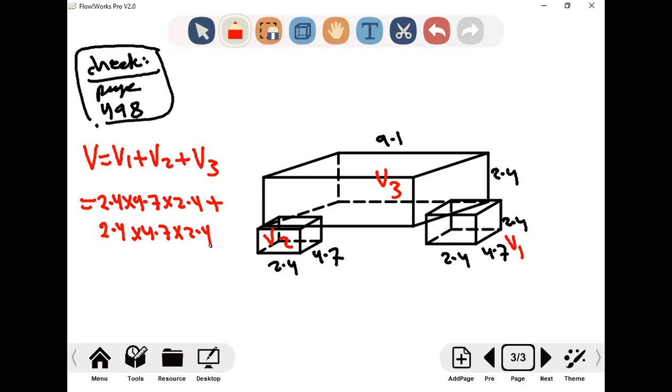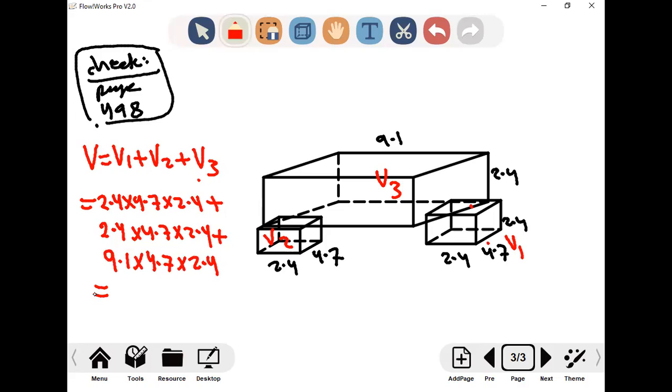It's okay. Plus volume 3, length 9.1 multiply the width, we said it is the same as this, 4.7, multiply its height 2.4.